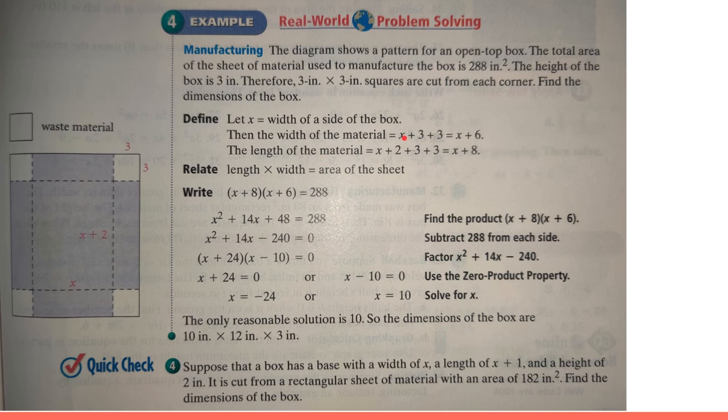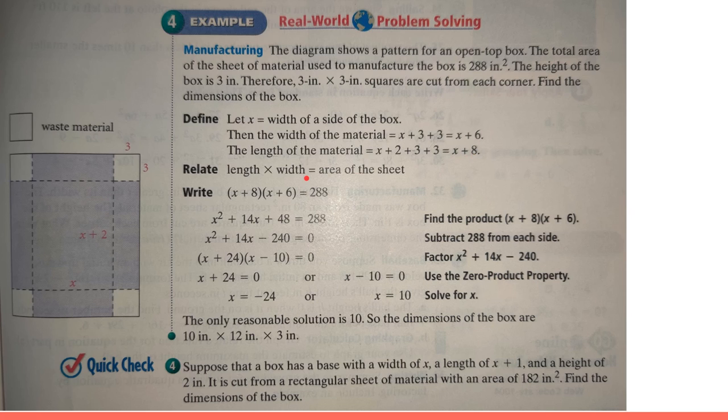Width of the material, the x width of the box plus the 3 inches that we cut off on each side gives us x plus 6 for the width of the material. Only difference for the length is that the original length of the box is x plus 2. We still add back the 3 inches that we cut off on each end, and we end up with the length of the material equaling x plus 8.